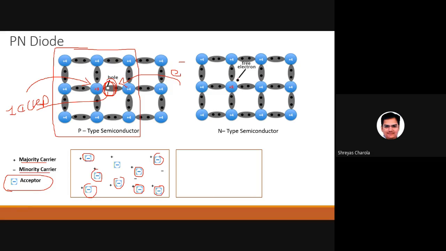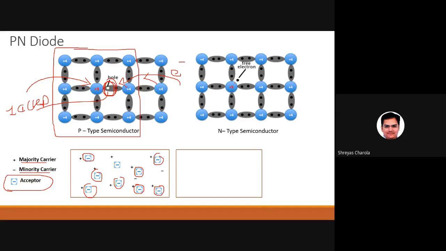What happens over here? Look over here. These are the electrons we have. So it donates the electron. That means it won't accept anything. It donates the electrons to the p-type region.